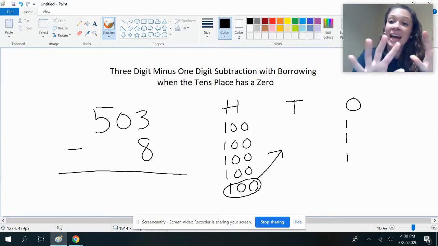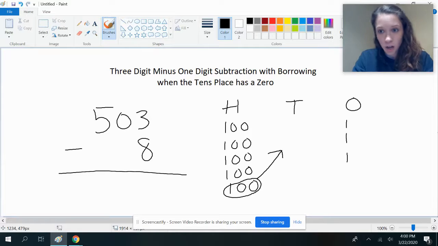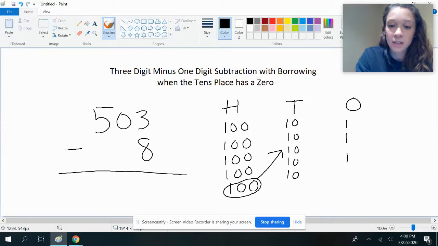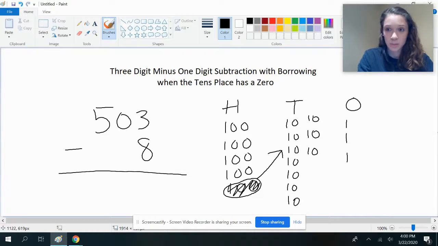And remember, 10 10s is 100. So I'm going to write 10 10s. So 10, 20, 30, 40, 50, 60, 70, 80, 90, 100. And I'm going to cross this out because I know it's not there anymore in the hundreds place.